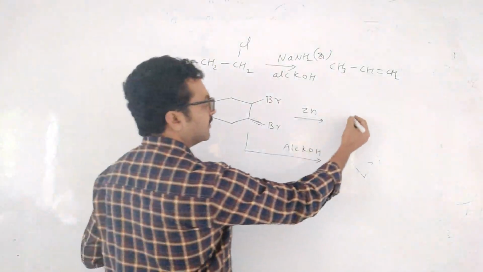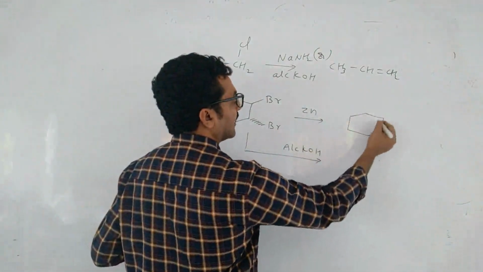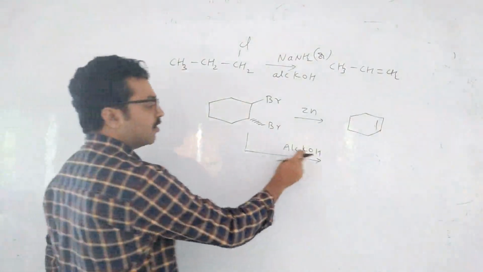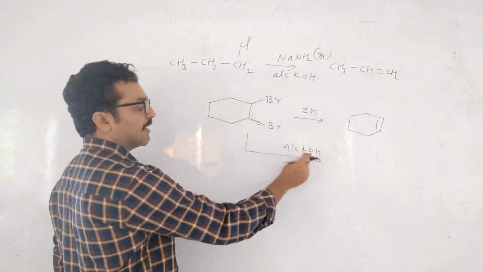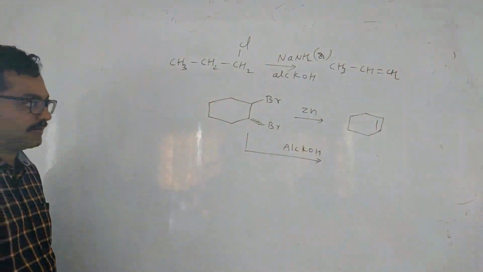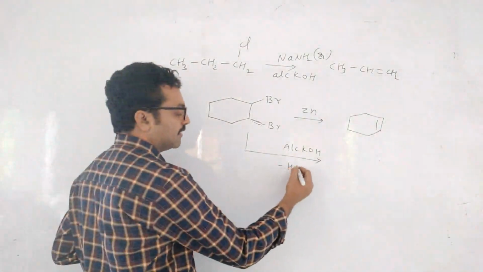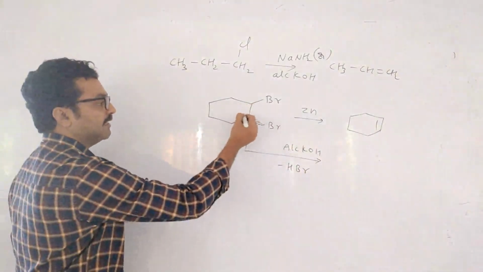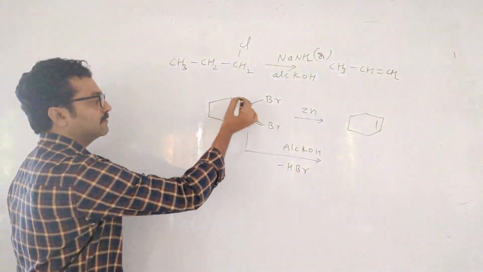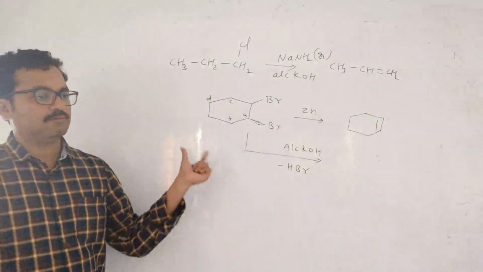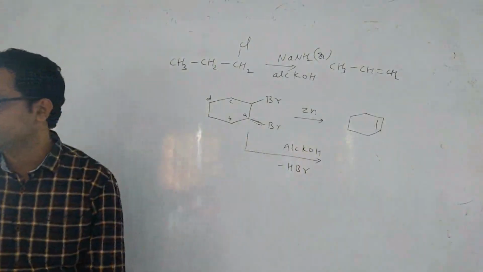If I add zinc, I will get an alkene because of dehalogenation. If I add alcoholic KOH, elimination will take place, right? HBr will go. Then where will H go? Can you tell? They will give like this: A, B, C, D. Where can the hydrogen be taken?